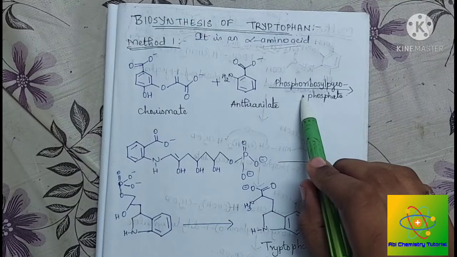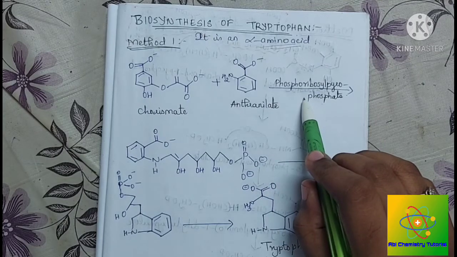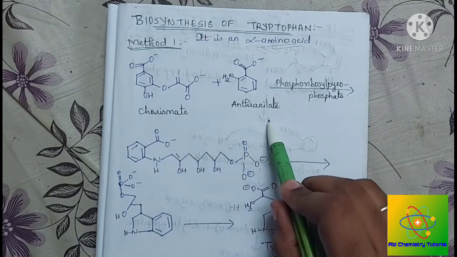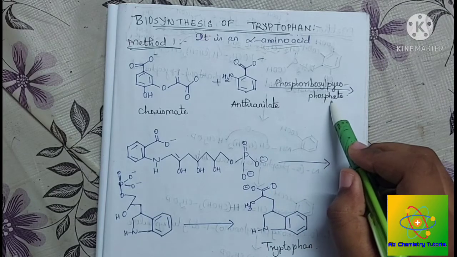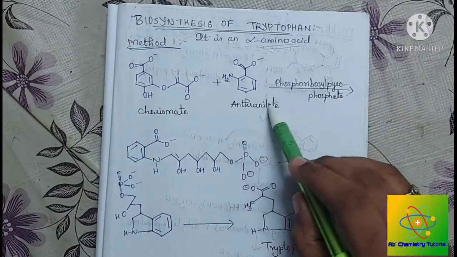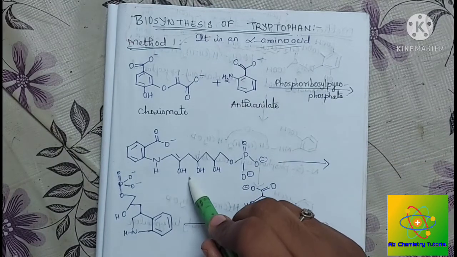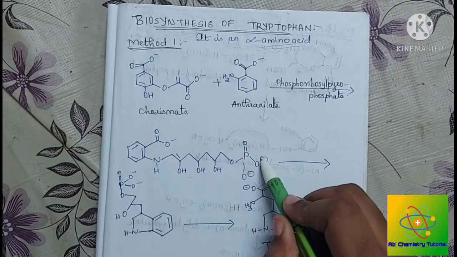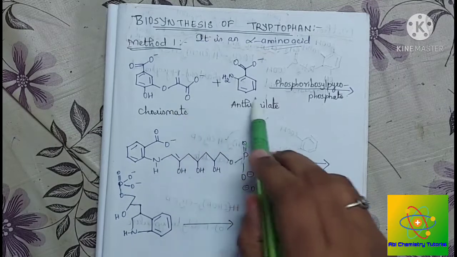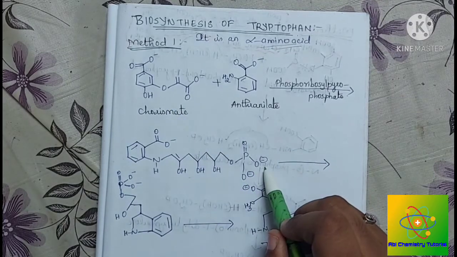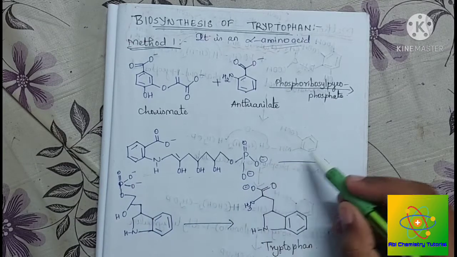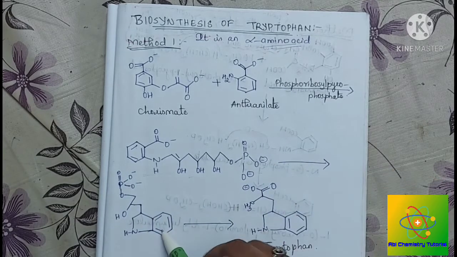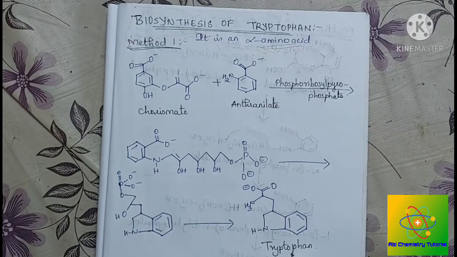This also reacts along with these compounds so that a phosphate group is added. As you can see, we get a complex compound here, and from this compound we get further compounds, and finally we get tryptophan.